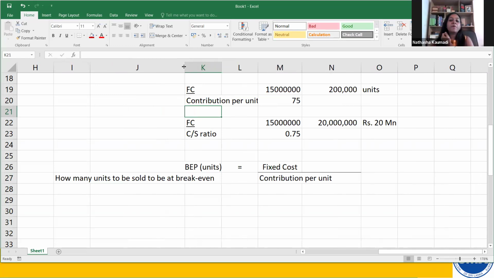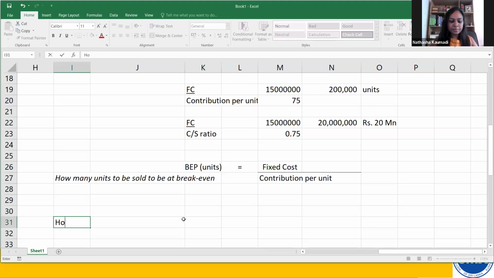Break-even point in units means how many units you need to sell to be at the break-even. At the break-even, how much is the profit? 0. You don't have profits at the break-even, so profit is 0. Now, I can use the same formula to ask a question like this.